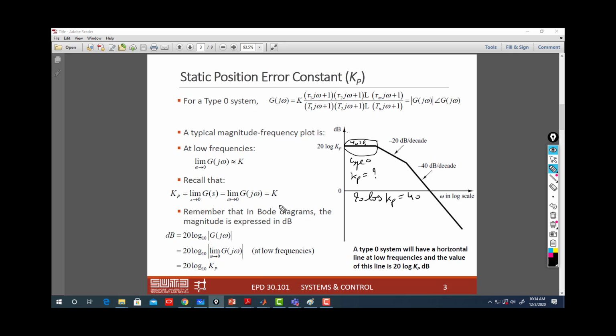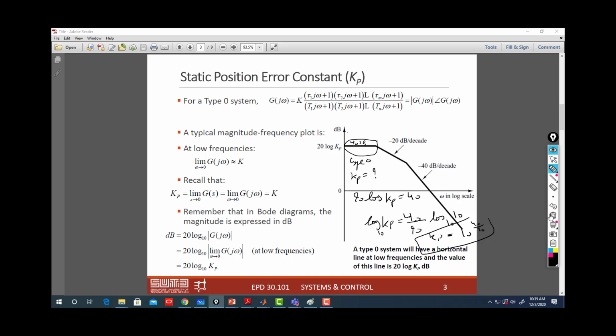Here is the derivation for demonstration, but now I'm telling you directly. So then you tell me log Kp equal 40 over 20, log base 10 of Kp, then Kp equal 10 to the power 40 over 20.